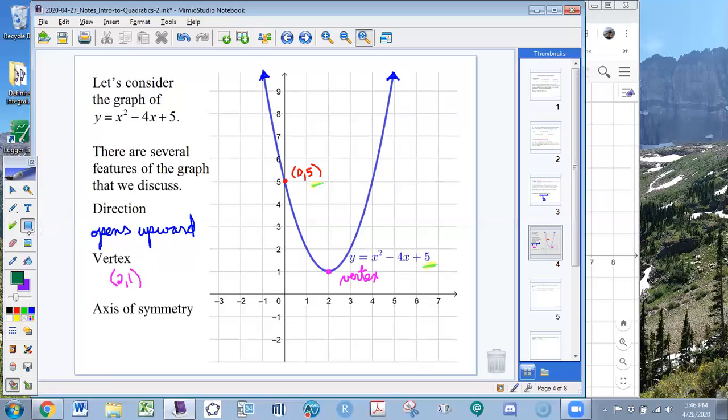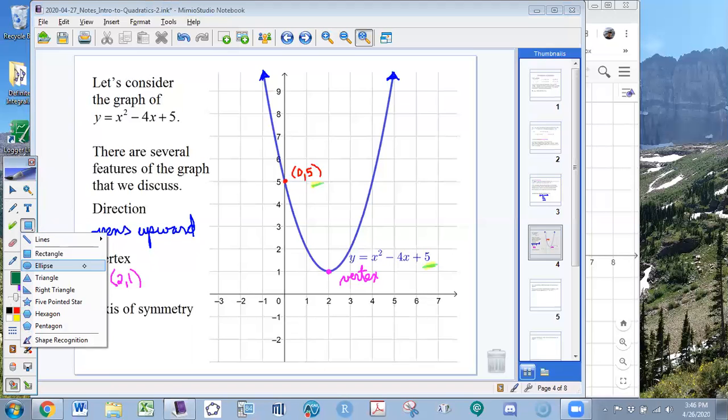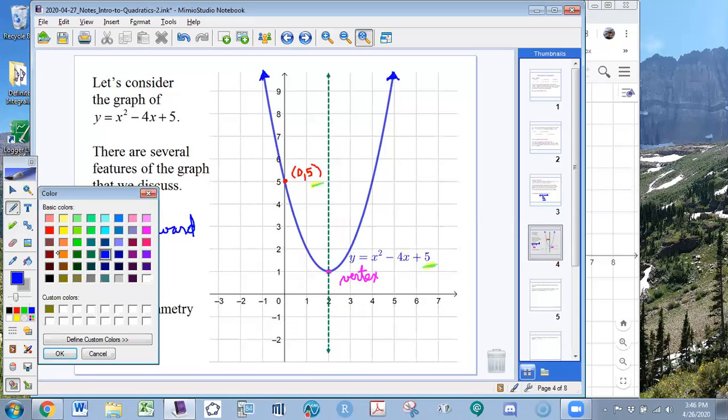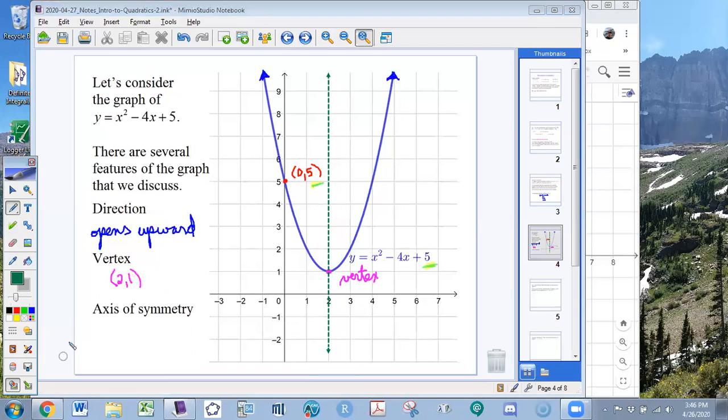One other feature then that this graph has, it's pretty important, is sort of an imaginary line. There's an imaginary line right here over which this graph is symmetric. We say it's an axis of symmetry. And what that means is that it's an imaginary line over which we could flip this graph and it would end up on top of itself.